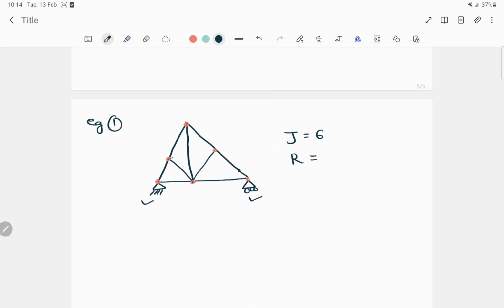For the hinge support, as I already told you in my previous videos, we have two unknown reactions, one along the vertical direction, the y direction, and one along the horizontal direction, the x direction. In case of the roller support, there is only one unknown reaction, and its direction is vertical, that is y. So in this truss, how many unknown reactions are there? That is 1, 2 and 3. So we have 3 unknown reactions.